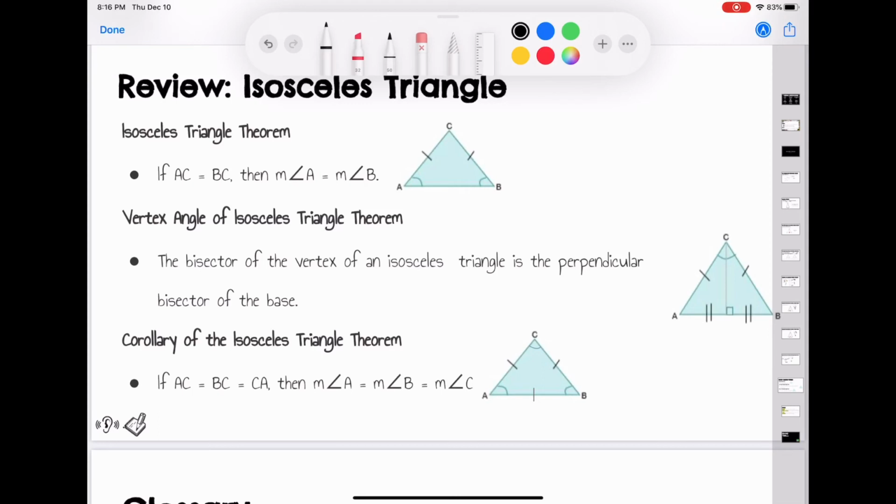The first was the isosceles triangle theorem, which basically told us that an isosceles triangle has to have at least two congruent sides, right, in order to be an isosceles triangle.